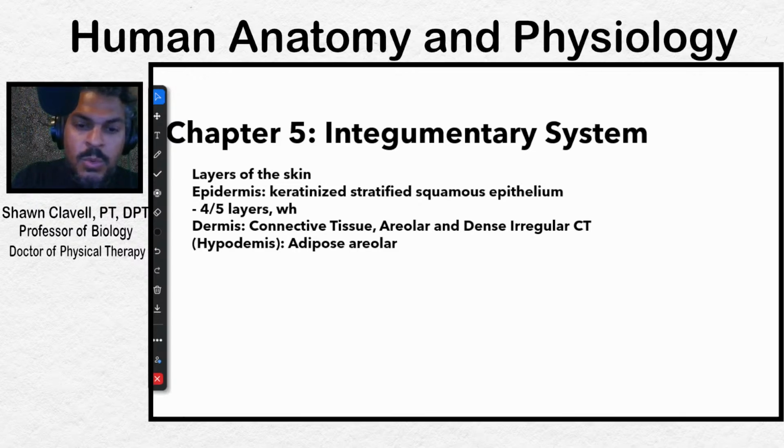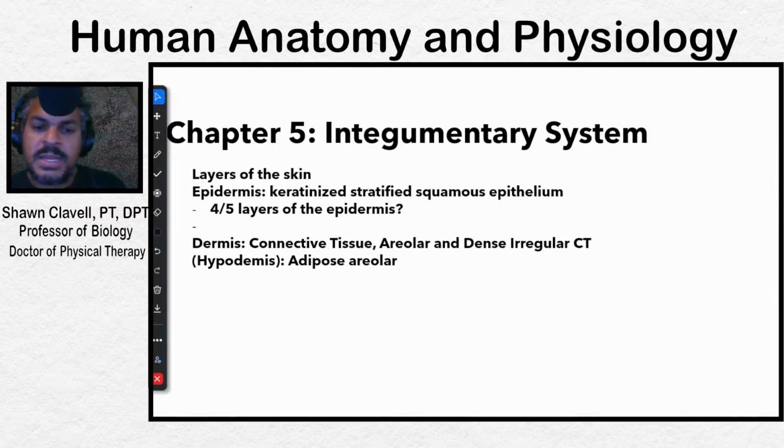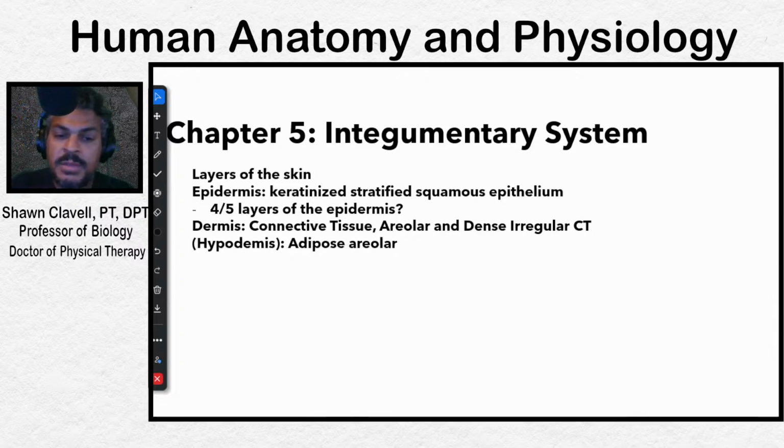So what are the layers of the epidermis? What cells lie in each of those layers? What layers might you find some specific malignancies associated with? Those are going to be important for identifying the 5 layers of the epidermis, and what cells are associated with them. That's the big one.